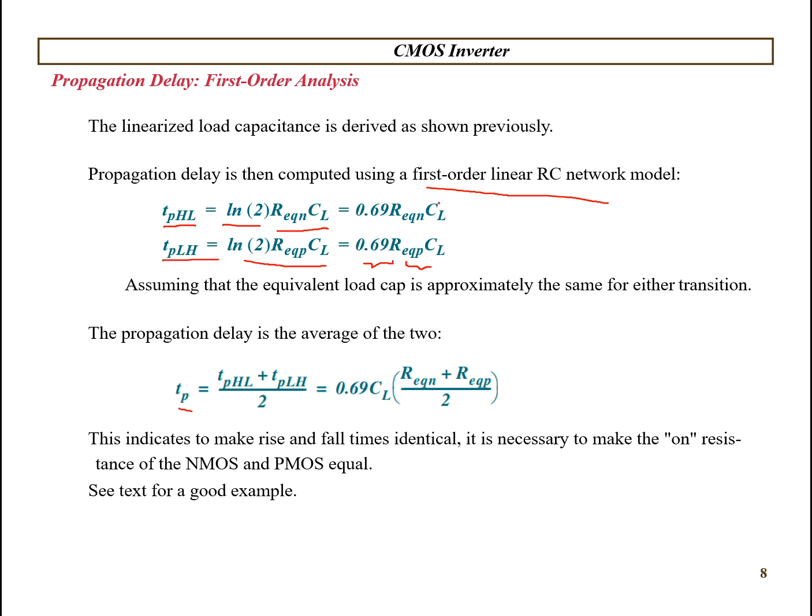By substituting 0.69 R_eqn CL for tpHL and 0.69 R_eqp CL for tpLH, you can take 0.69 CL as common, and (R_eqn + R_eqp) divided by 2 is computed. This indicates the rise time and fall time, and it is necessary to make the on resistance of the NMOSFET and PMOSFET equal.